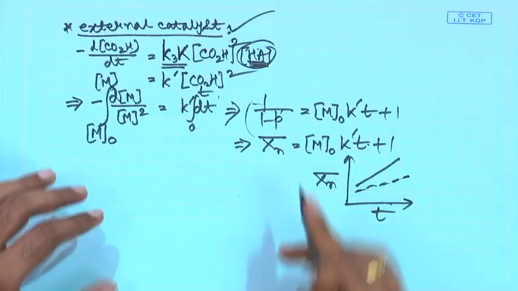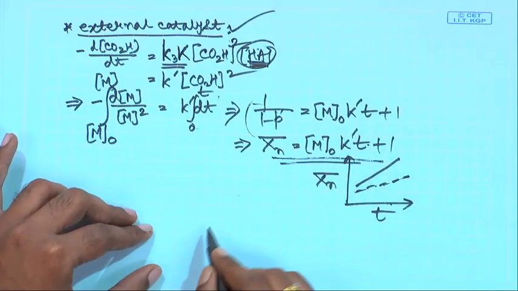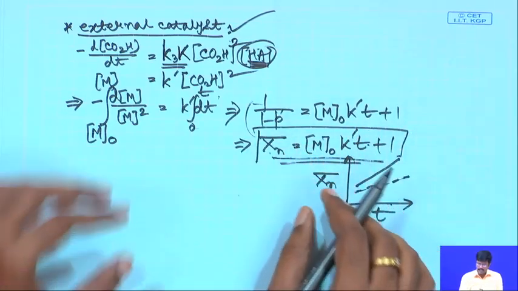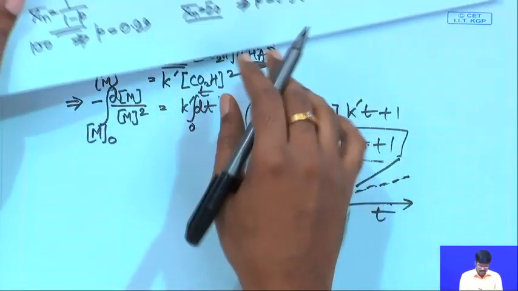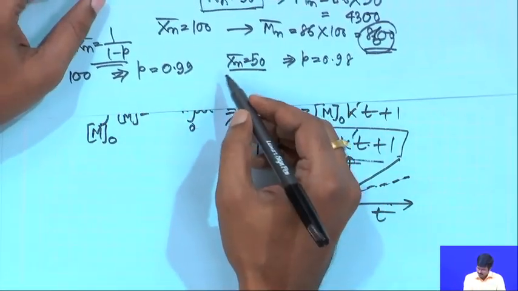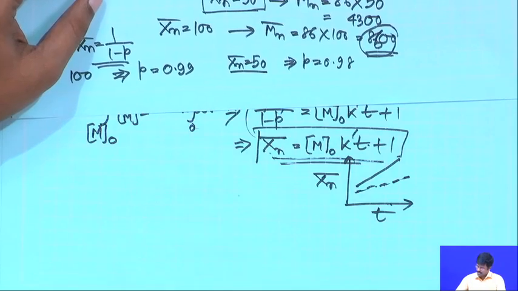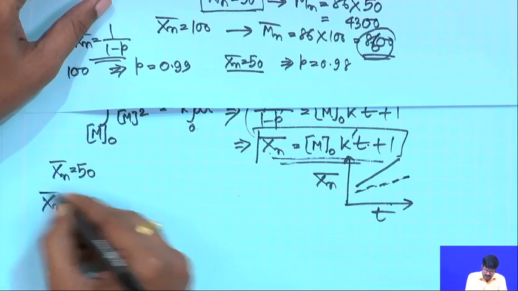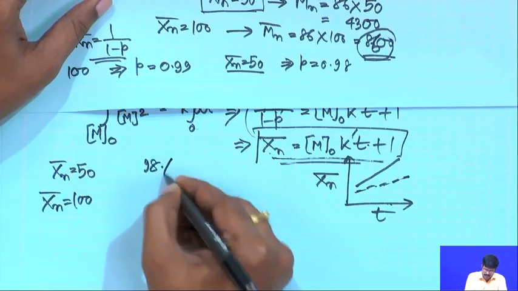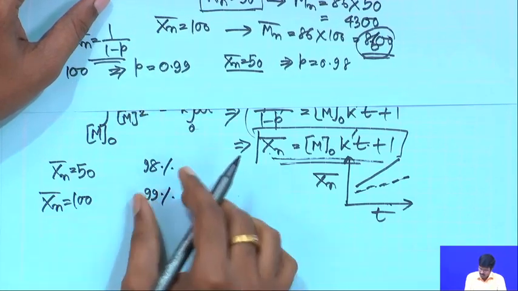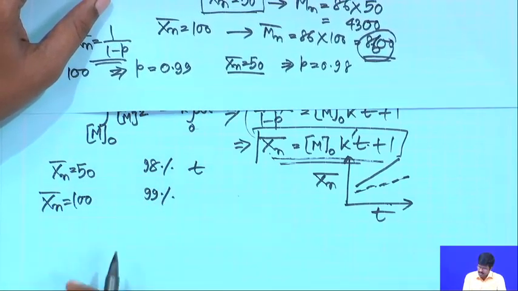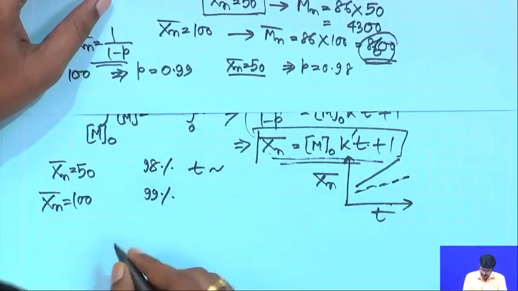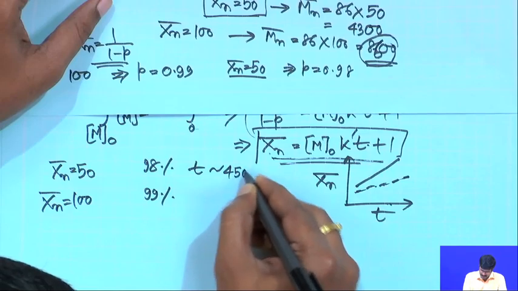So, now if you take this particular expression here and do the maths, and compare with the previous page, for an xn bar of 50 and an xn bar of 100, we said this is for 98% reaction and this is for 99% reaction. If you compute the t correspondingly, the t will be approximately 450 minutes.